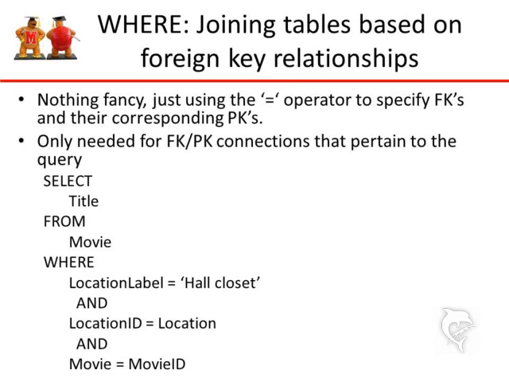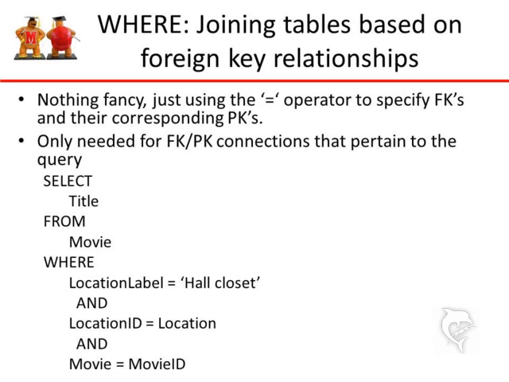First, we need to hop from the phrase hall closet to a relationship that connects movies with that particular location. Hall closet is a varchar value in the locations table, which is a controlled vocabulary.